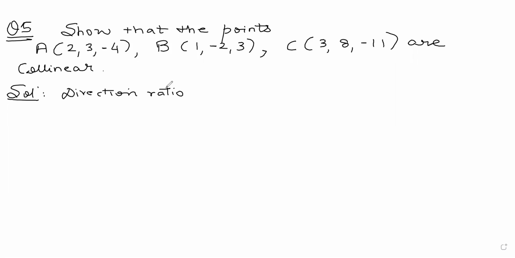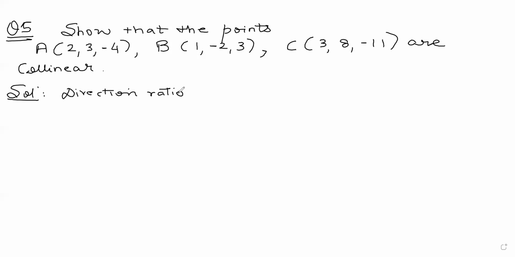You will learn that the magnitude of one vector will be the sum of the magnitudes of the other vectors. So you can show that these 3 points are collinear using vector algebra as well. But since we have learned direction ratios and direction cosines in the lecture today, I will be using this concept to show that A, B and C are collinear.